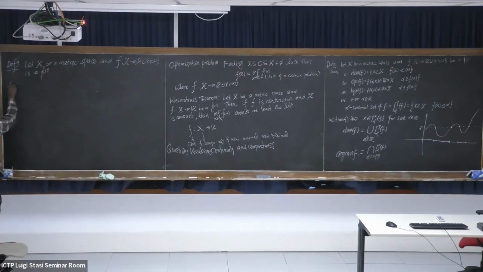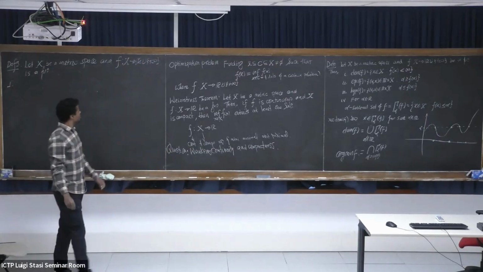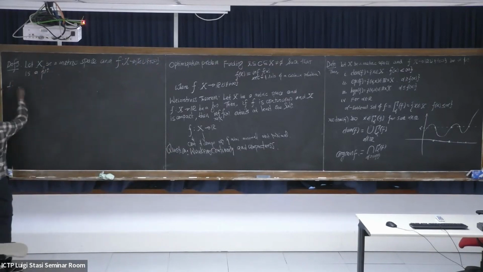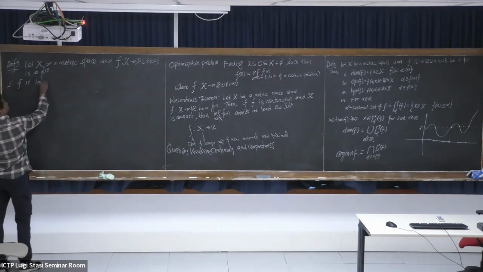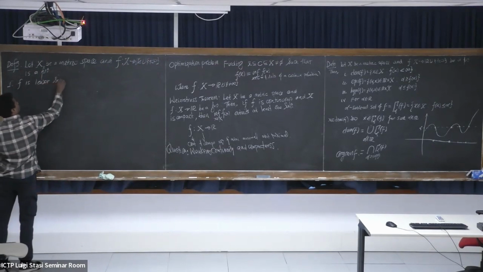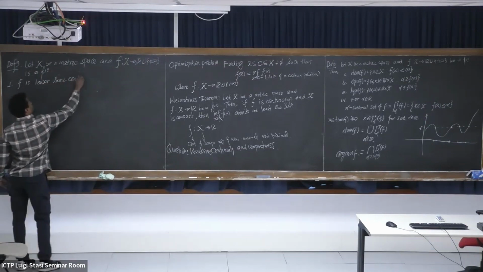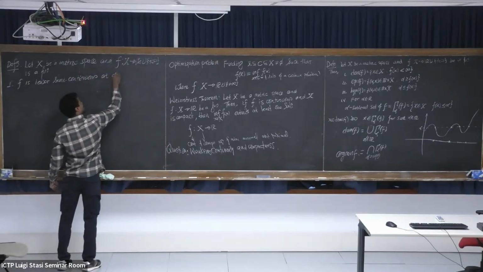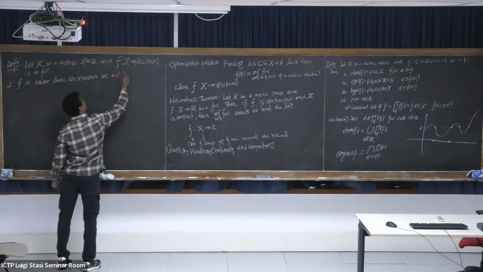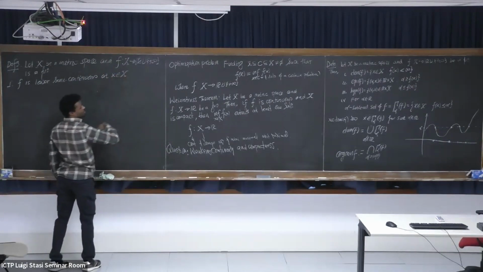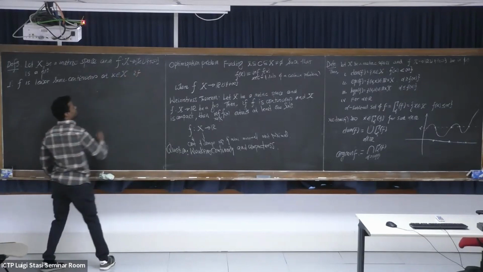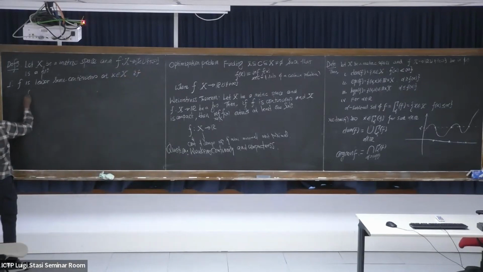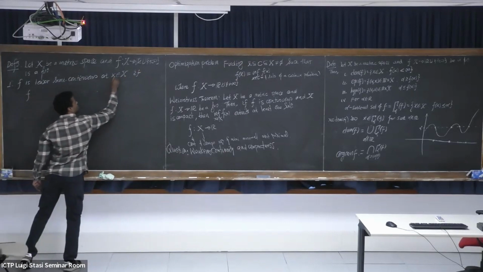Then, when we say that a function F is lower semicontinuous at X naught, this is a metric space, if the following condition is satisfied. If and only if, then we make it X naught.